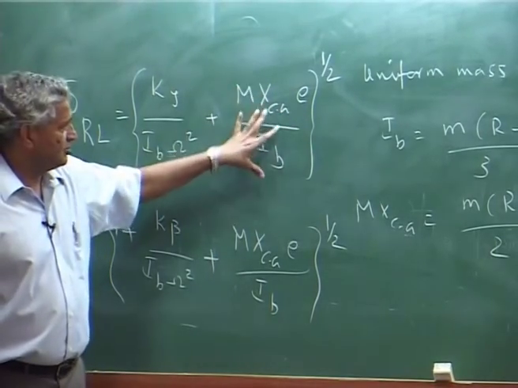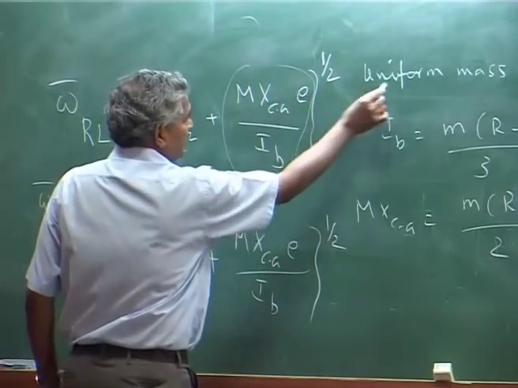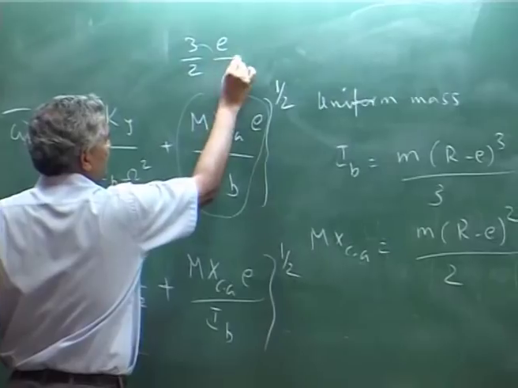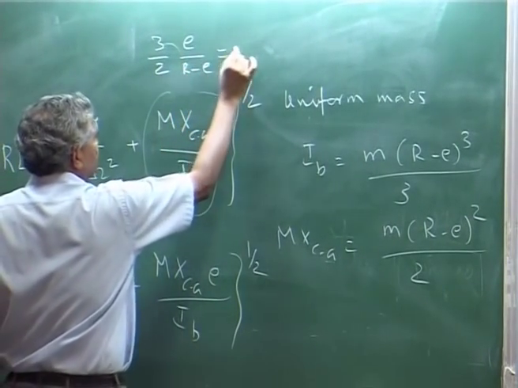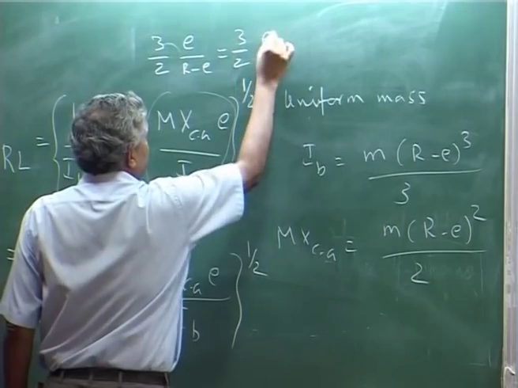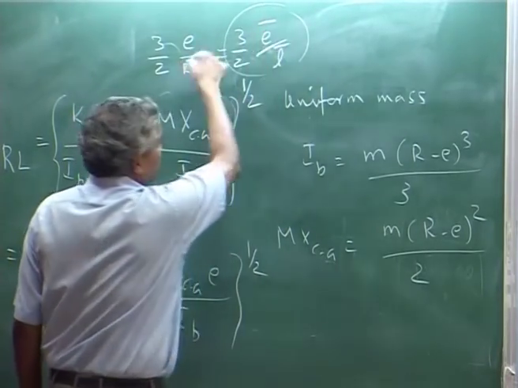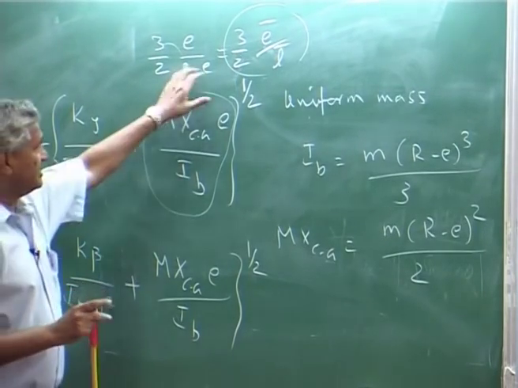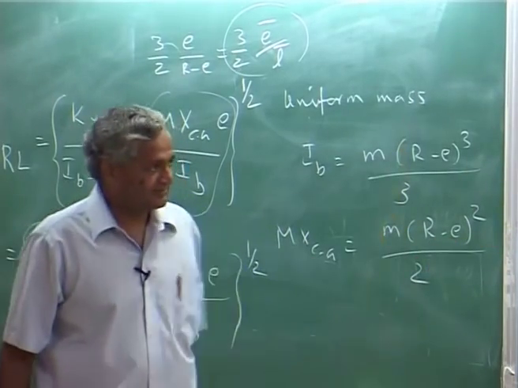And then m x_CG over R_L, this whole term can be replaced, if it is a uniform mass, it will be 3 by 2 E over R minus E, or you can write it as 3 by 2 E bar over L bar. E bar is E over R, and 1 minus E bar is L bar, and that is what is written there.